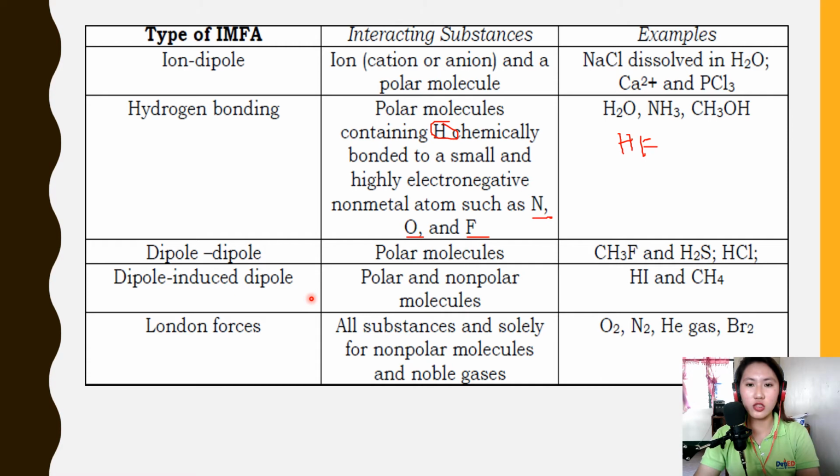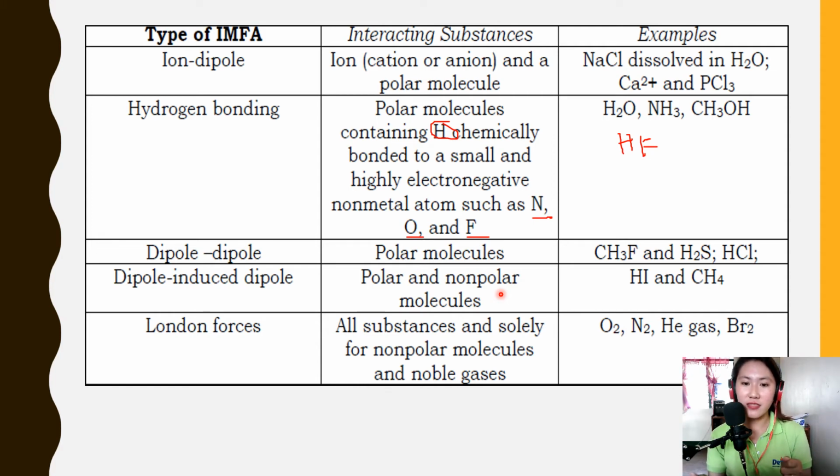Next is the dipole-induced dipole. It is an interaction between polar and non-polar molecules. You will ask, Ma'am, how is there an interaction between polar and non-polar molecules since non-polar molecules have an even distribution of electrons? There will be a time when the electrons move, but only for a short period of time.